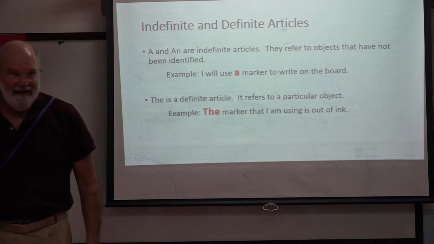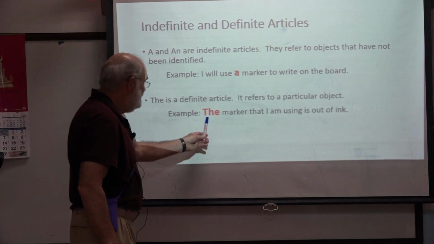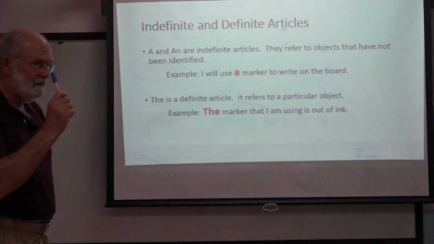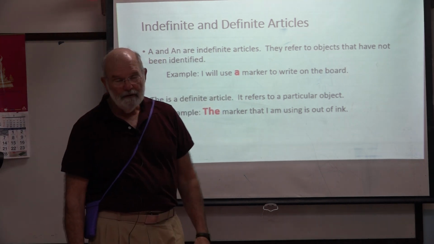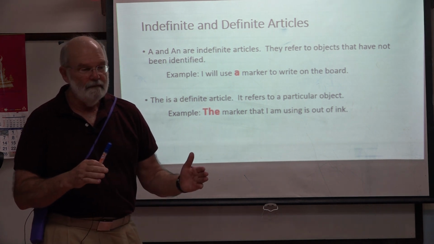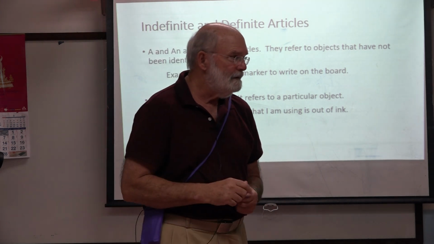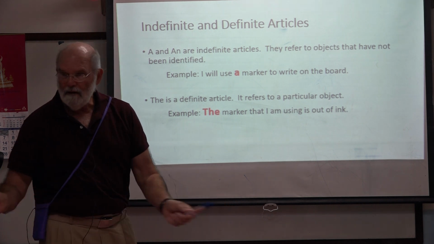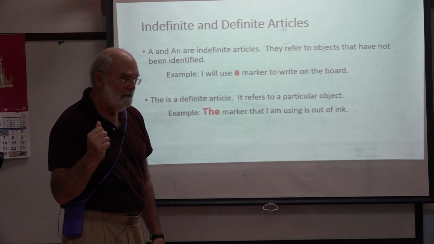If I'm referring to a definite marker, then I would use the. The marker that I am using is out of ink. This one. Okay? So, a as an indefinite, we call it an article. It's a word we put in front of a noun. So, a when we're talking about any old thing, the when we're talking about a particular thing.